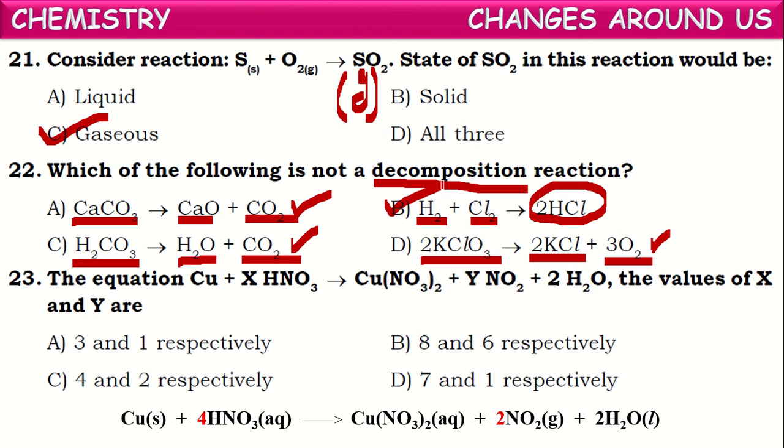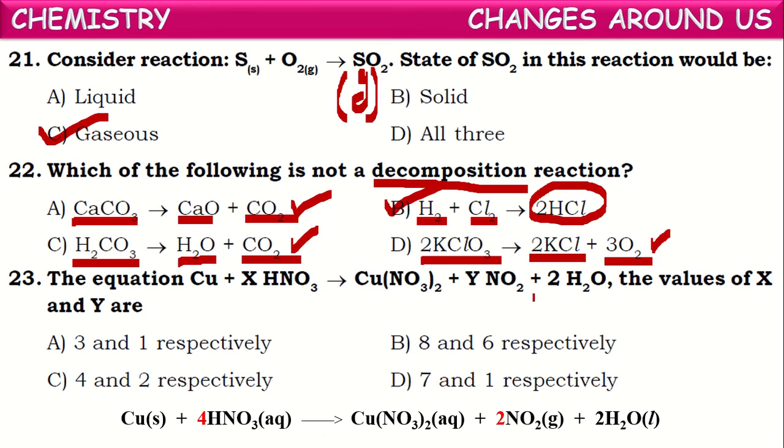See, if we balance that equation, we get it like this. Here there is only one nitrogen, and on this side there are two nitrogens. Here we have to get this number also again. For that, if you observe the other elements, copper, here too one copper is there, here also one copper. Copper is already balanced. Now observe the oxygens.